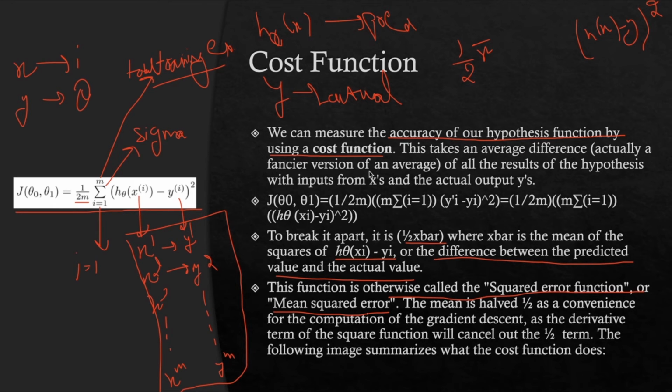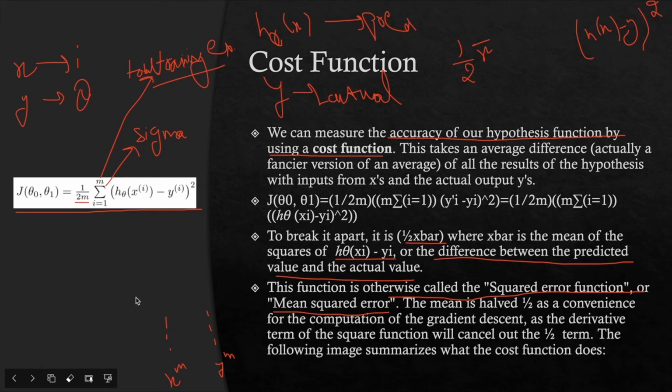So if you are not much familiar with the derivative, then I will tell you simply that whenever we differentiate this thing, the 2 will come here and will cancel out the half. Let me first clear this so that I can use this easily.